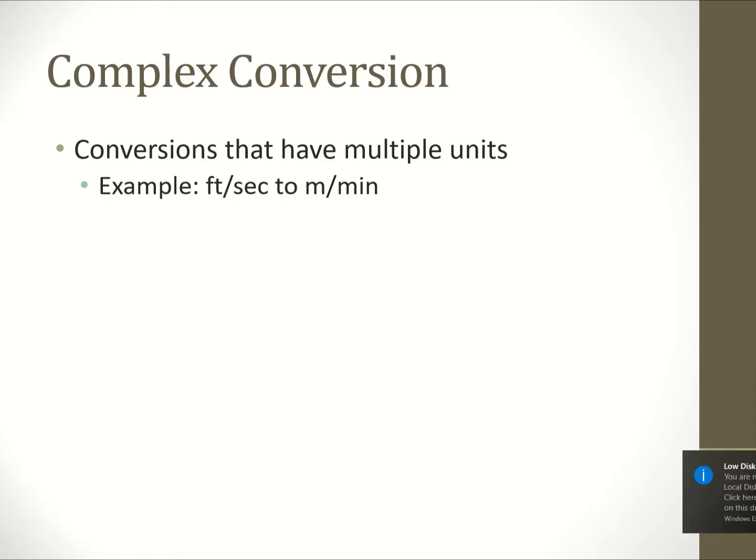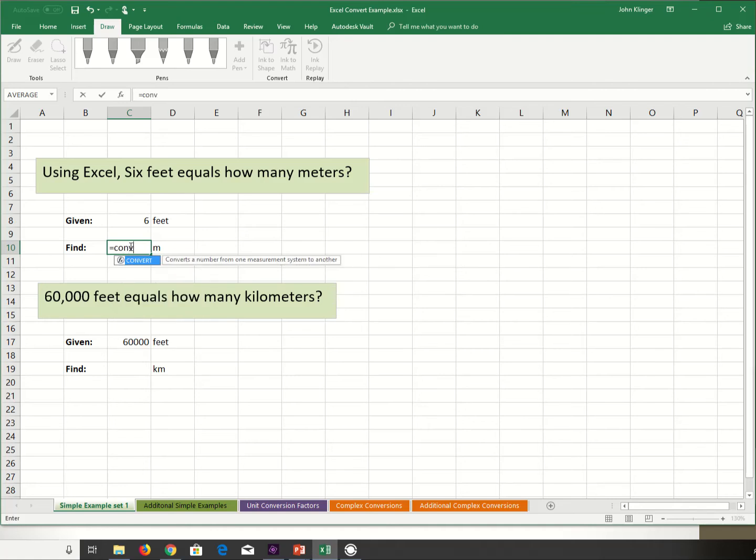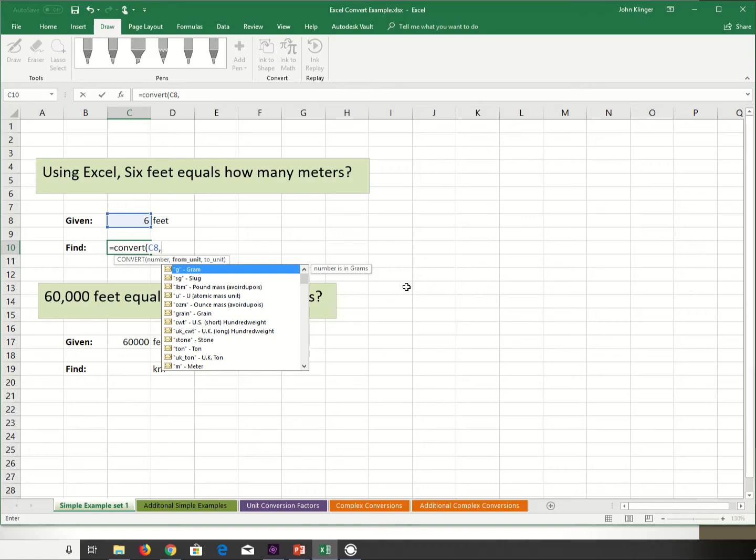Before we get into complex conversions, let's take a look at doing simple conversions in Excel. Here we are in Excel. This is how I would recommend doing these simple conversions. You can type equals convert, and you can pick the cell that it's in, or you could hard code it in, but that's not usually the best way.